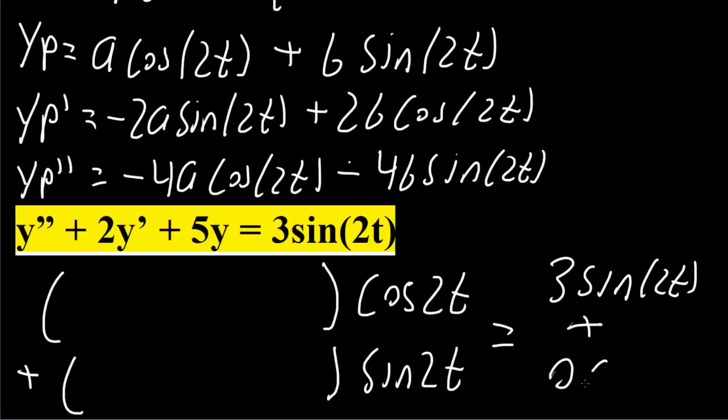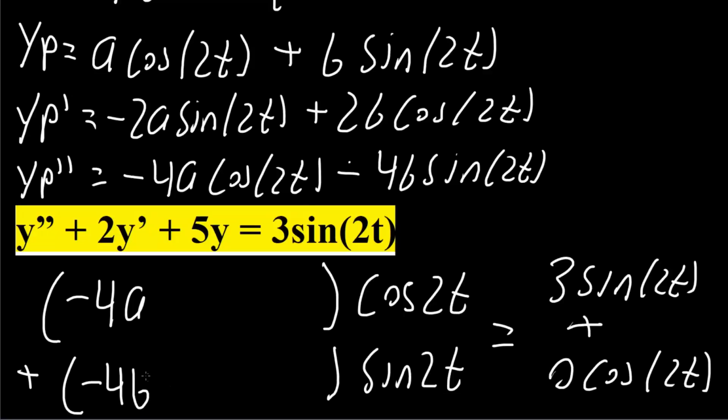The first thing we have is y double prime. For cosine 2t, that's going to be negative 4a. Next we have negative 4b sine 2t, so we write negative 4b.